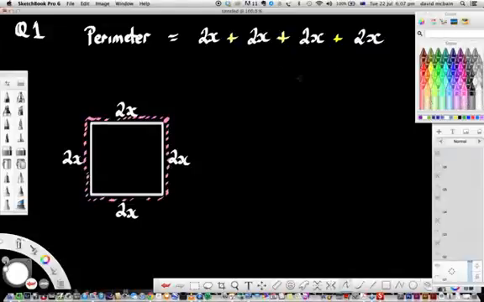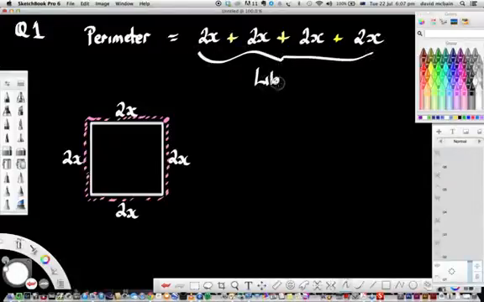And so if we add those together, 2x plus 2x plus 2x plus 2x, well, these are all like terms. So we can add them together. So 2x plus 2x is 4x, plus another 2x is 6x, plus another 2x is 8x. So the total perimeter is 8x. Not 8x to the power of 4, not 8x to the power of 2, it is simply 8x.